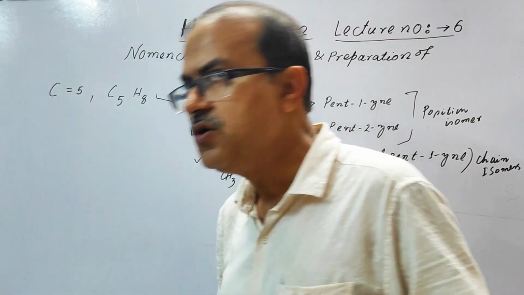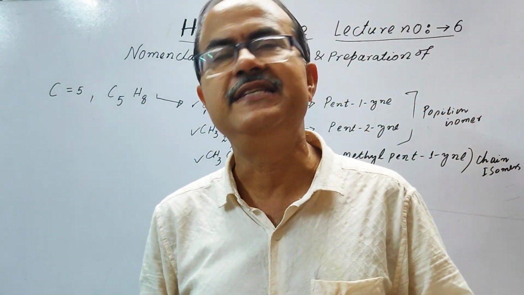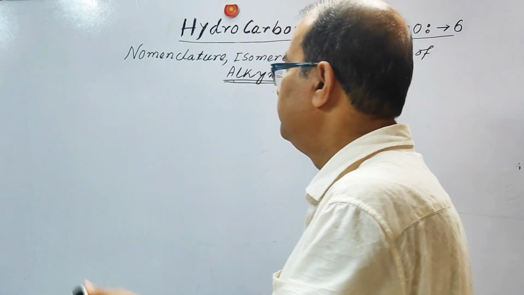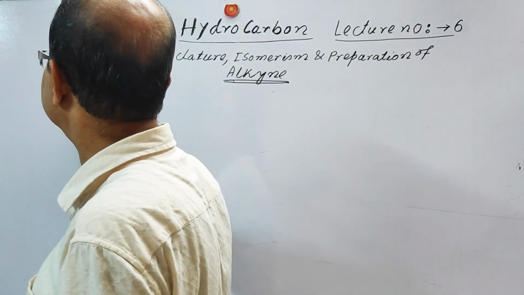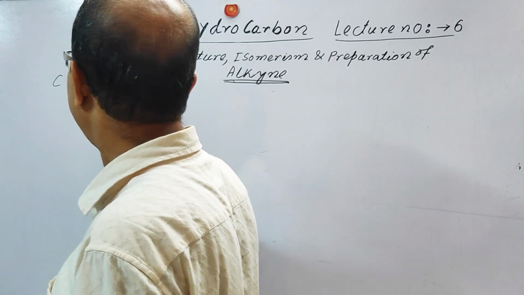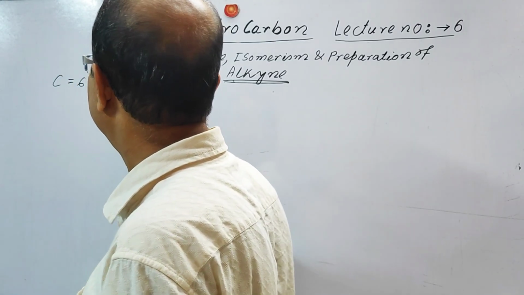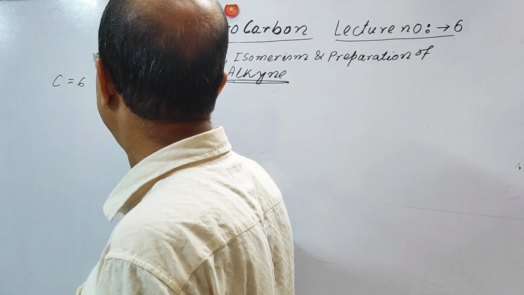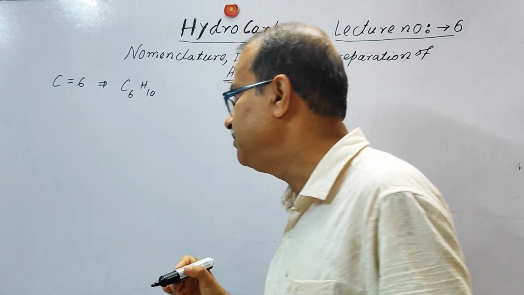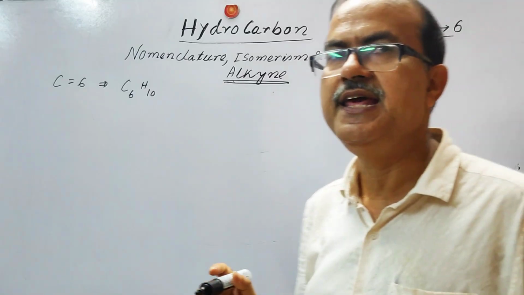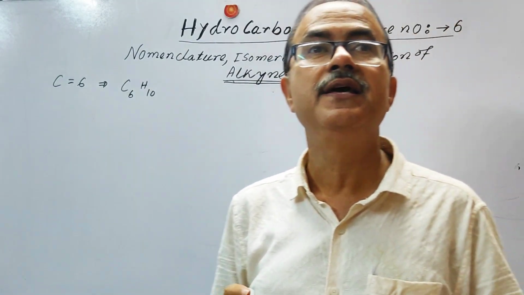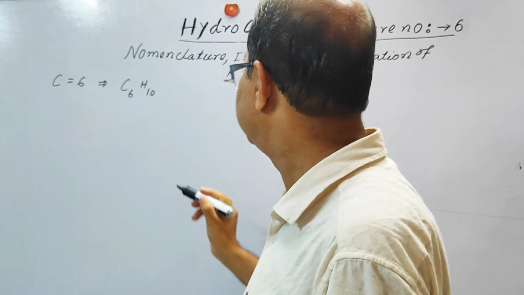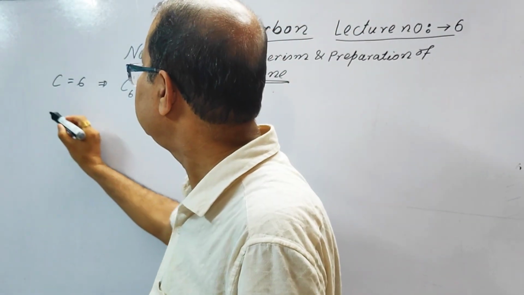Now we will construct when the carbon atom is 6. At that time, how many structures are possible? When the carbon atom is 6, the formula will be C6H10, and this will be hexyne. Hexyne will have 7 structures. Let us see these 7 structures one by one.